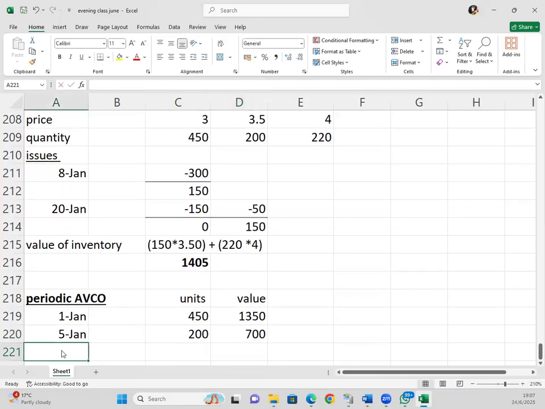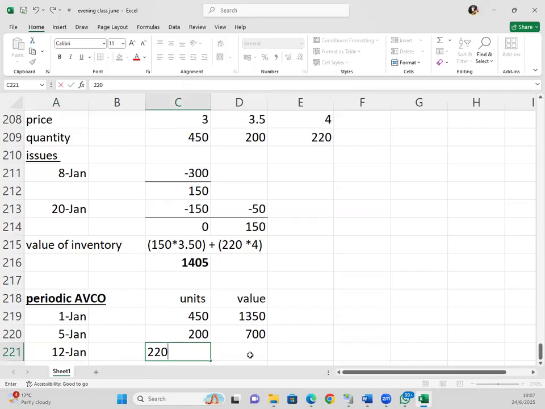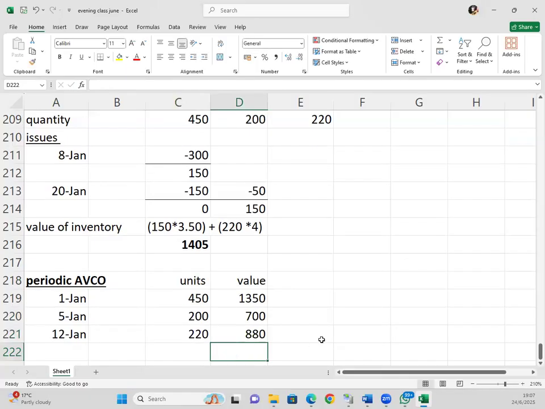The last date for purchases, 12 January, we bought 220 at $4. I think we're done with the purchases.